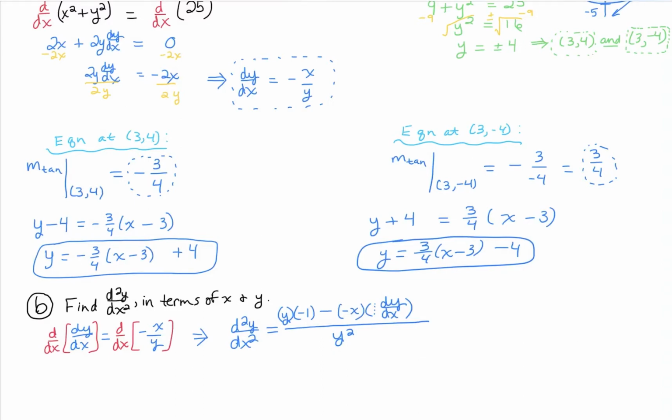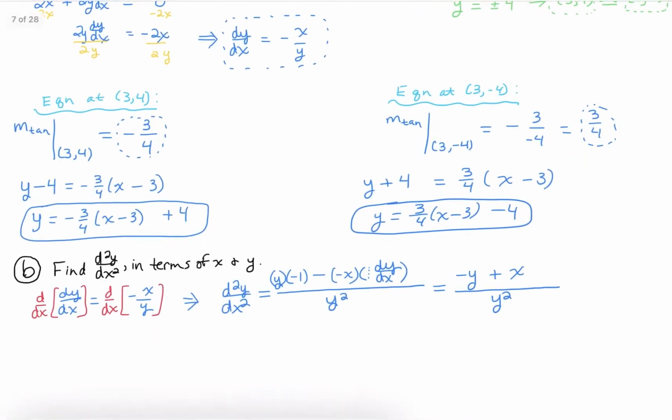The main reason I said that a lot of these problems are going to say, or I would say be able to, if it's a second derivative, they may say find that in terms of x and y, meaning we should be able to express that derivative as, if we go back up here, this was my dy/dx, negative x over y.